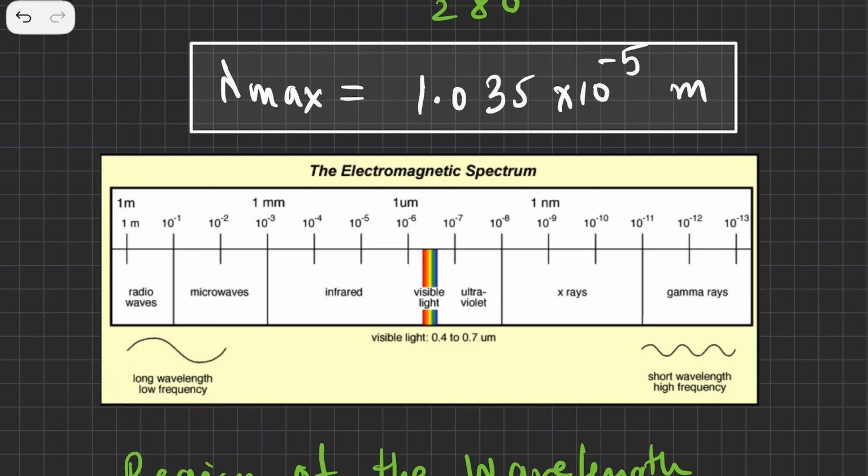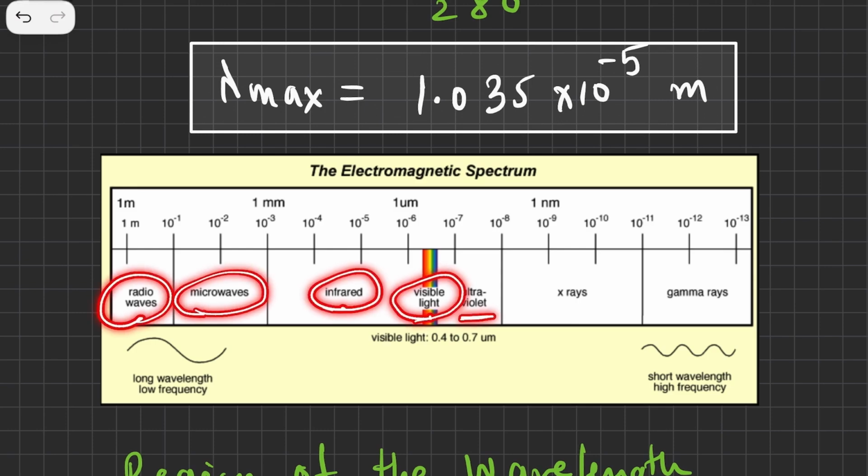So if the wavelength is long, the frequency would be low, and this side is short wavelength and higher frequency. So you have gamma rays, X-rays, ultraviolet, visible, infrared, microwave, and radio waves.